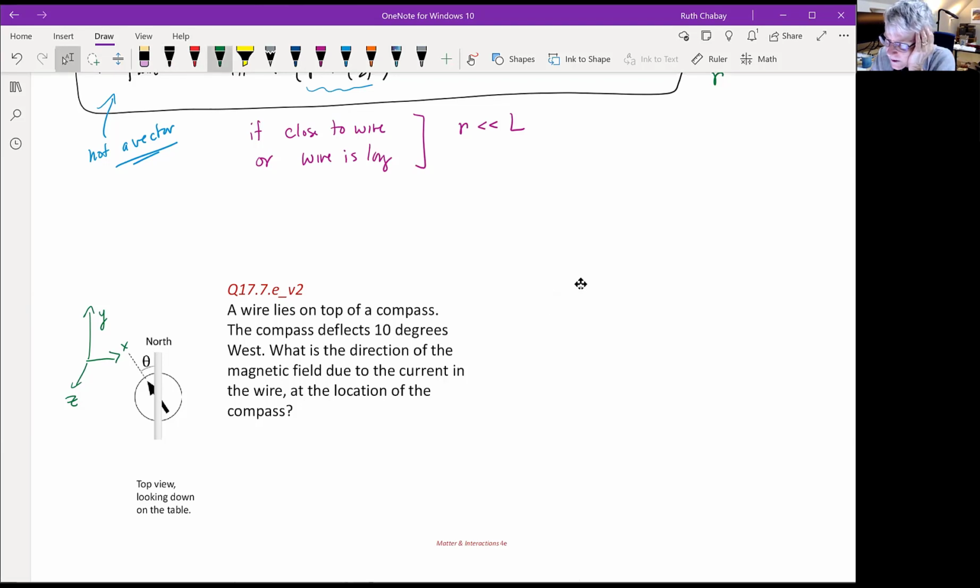So we have the Earth's magnetic field, we know is pointing like that. We know the compass is pointing in the direction of the net magnetic field. So indeed, the magnetic field made by the current had to be to the west.